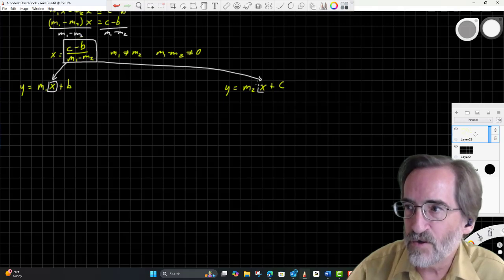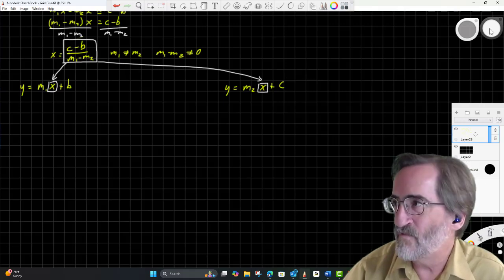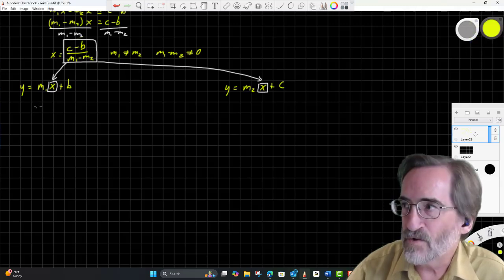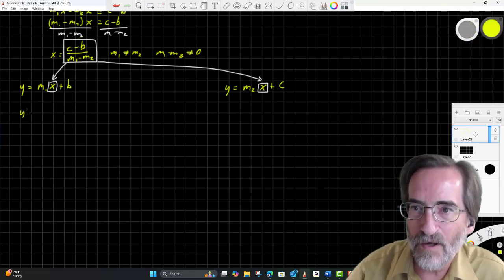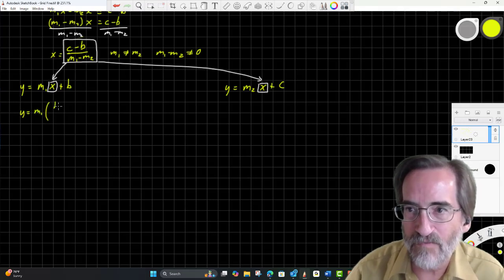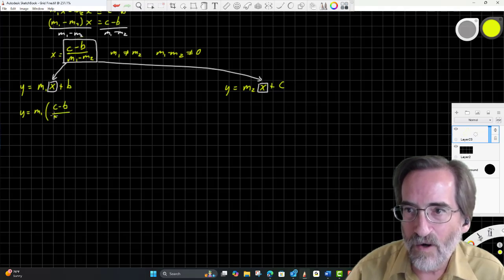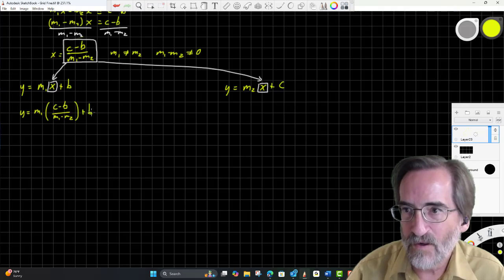Okay, and I'm going to show that they have the same value, the same expression. So let's do a little substitution here. y equals m1 times (c minus b) over (m1 minus m2) plus b.